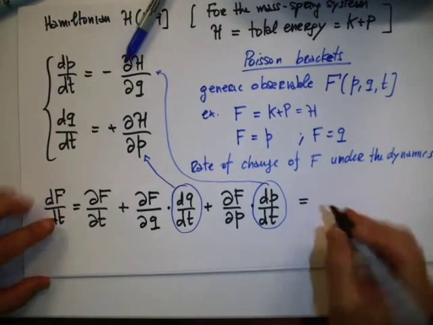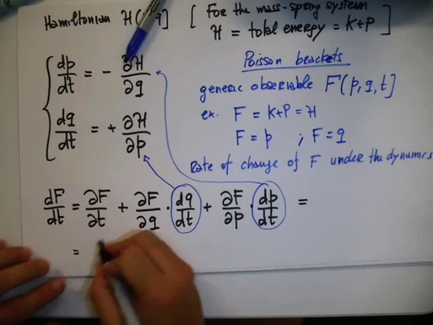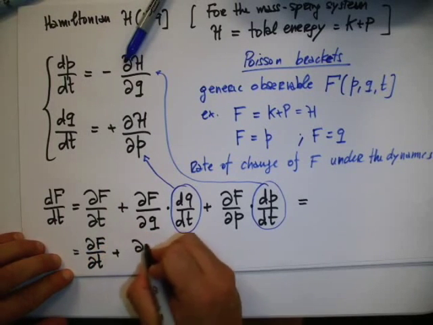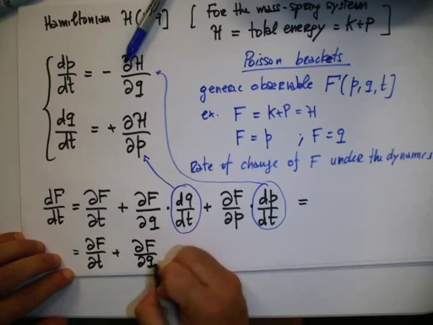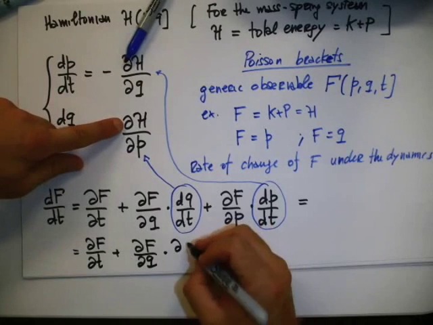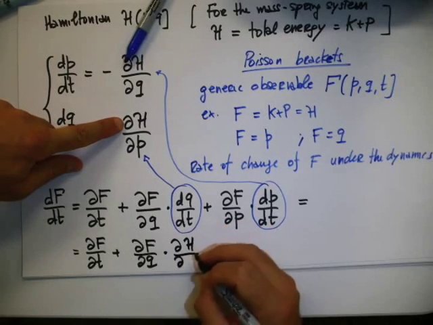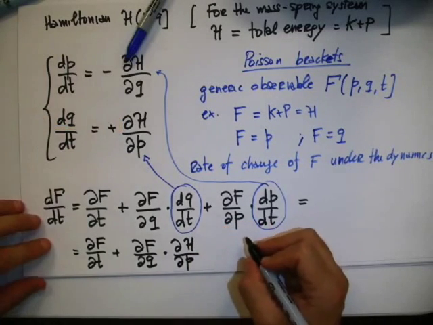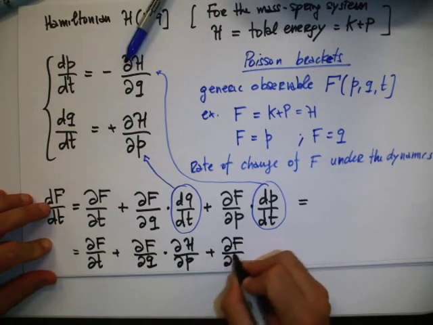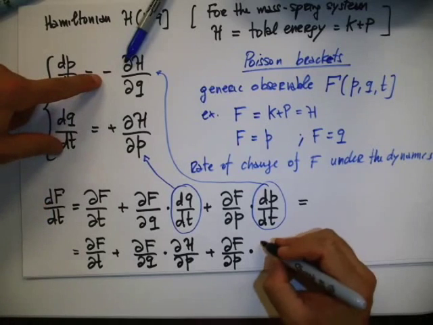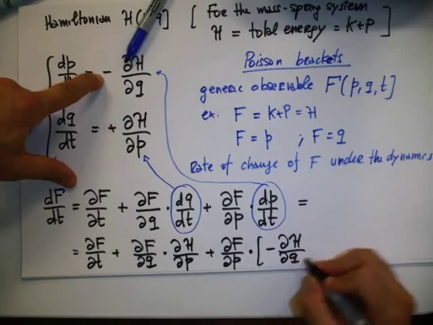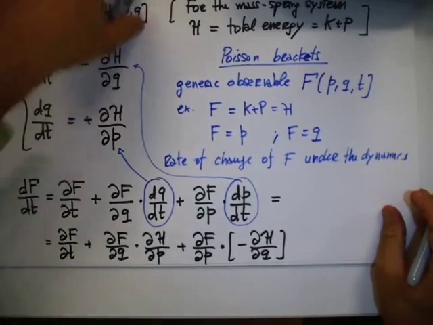So I can rewrite this expression as the partial of f with respect to t plus df/dq times partial of h with respect to p plus partial of f with respect to p times minus partial of h with respect to q.